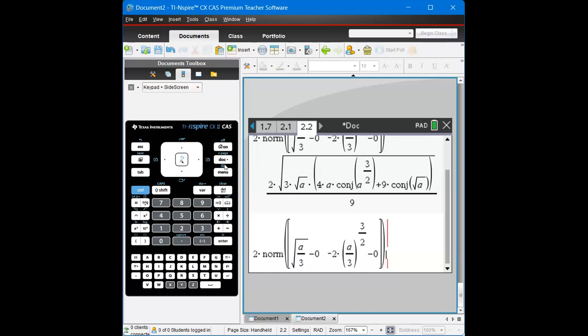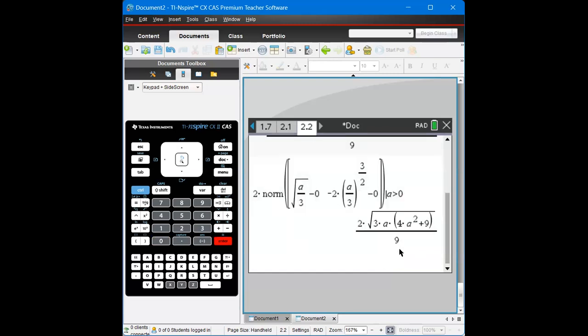So I'll put a domain restriction a greater than 0. Okay, so that is an expression you want to jot down. I mean, there are other equivalent forms, but if you typed everything correctly into your CAS calculator, you won't be far away from your correct answer. Okay, and let's have a look at the last part of this question 3.